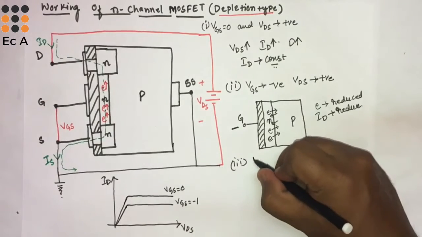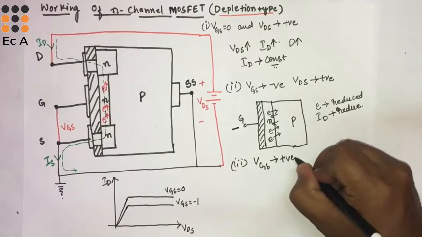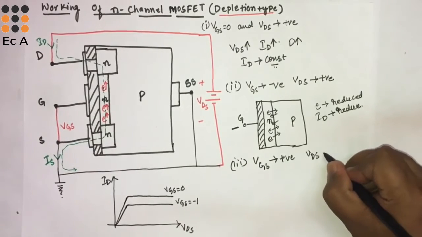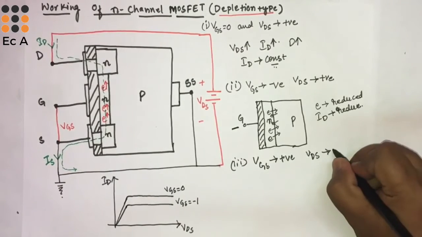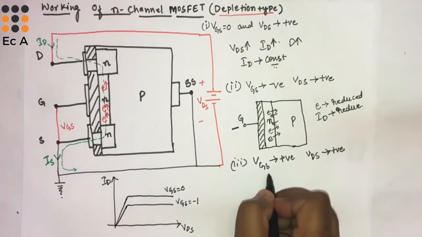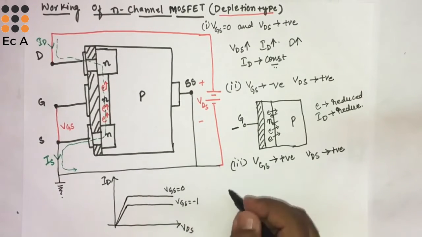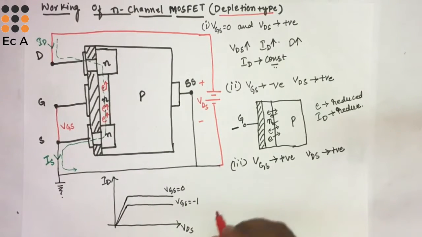When VGS is made positive and VDS is made positive, we will keep VDS as positive and VGS will be made positive here. So this condition doesn't exist in the JFET.